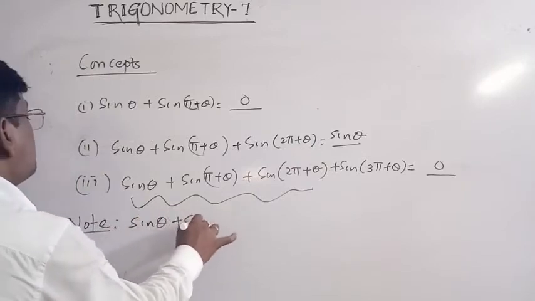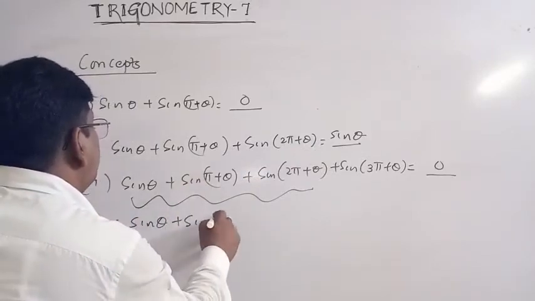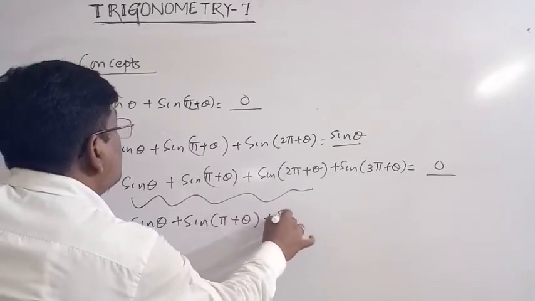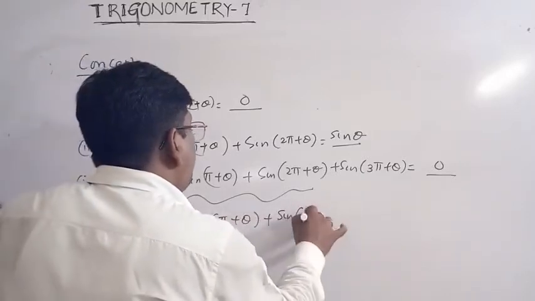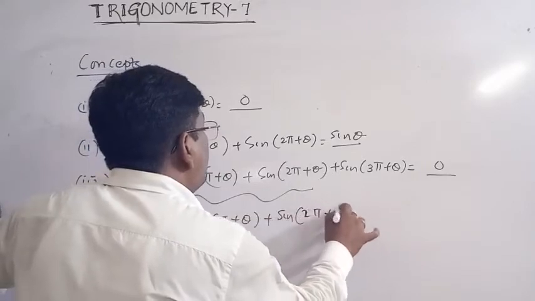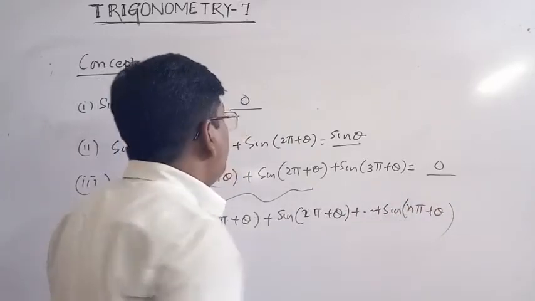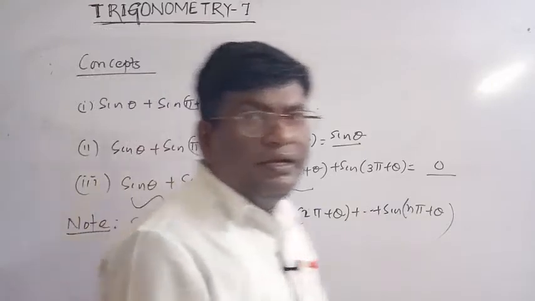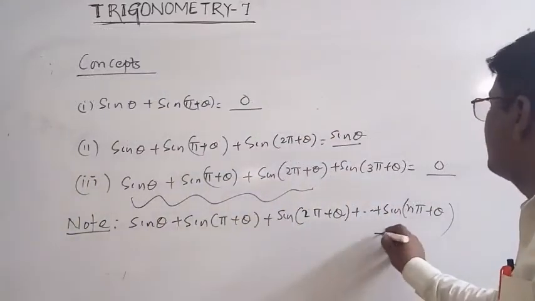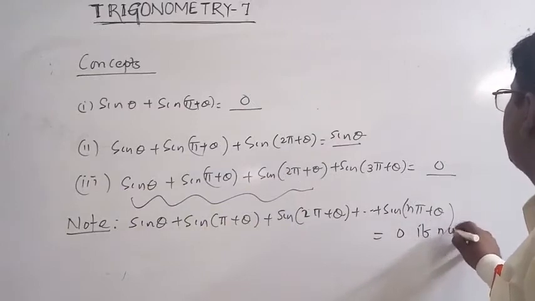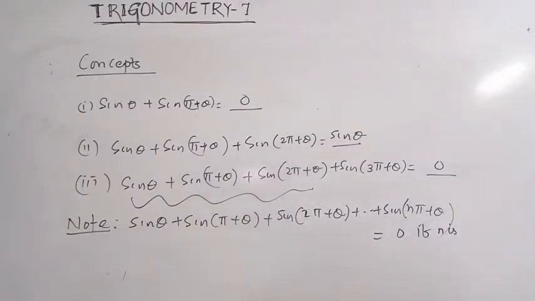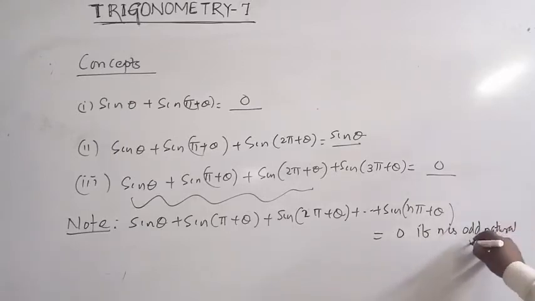So note: sin theta plus sin pi plus theta plus sin 2 pi plus theta plus dot dot up to sin n pi plus theta is equal to 0 if n is an odd natural number.